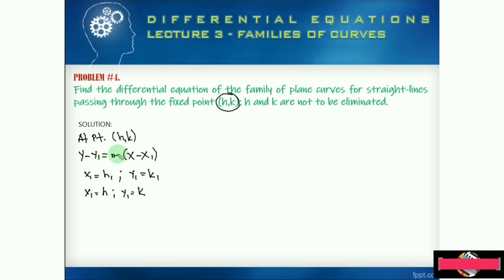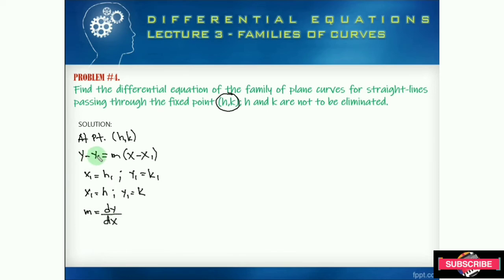Since from this equation, y minus y1, if it is not indicated as a fixed point hk, we can assign x1 equals h1 and y1 equals k1. But it is stated that it is a fixed point hk, so we can replace h1 with h and k1 with k. Again, we have m equal to dy over dx.